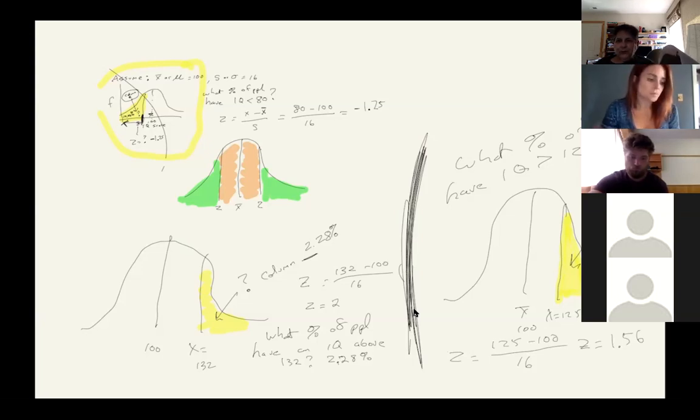Questions? Why did I do this? Because I need to look in the table to find Z is 1.56.